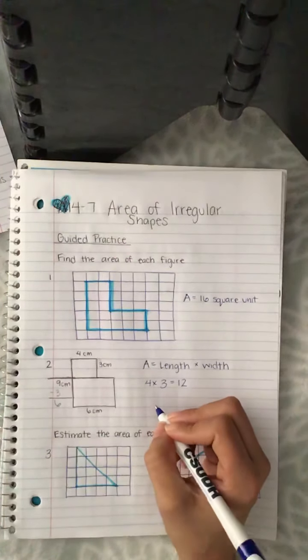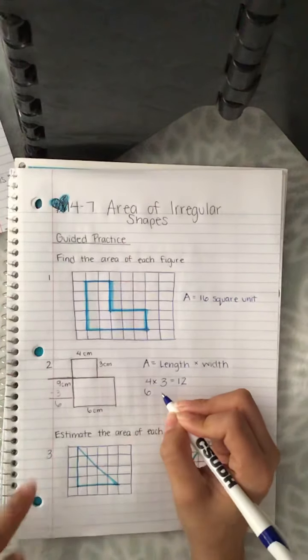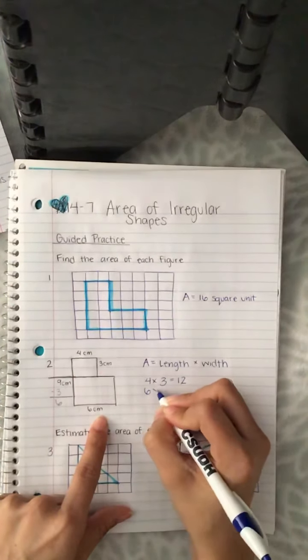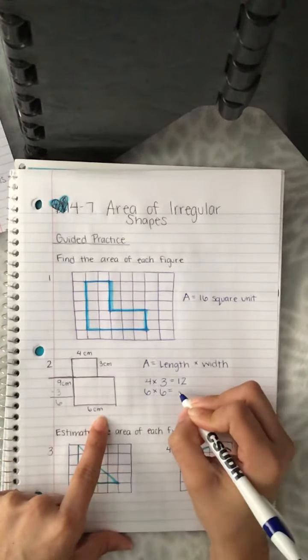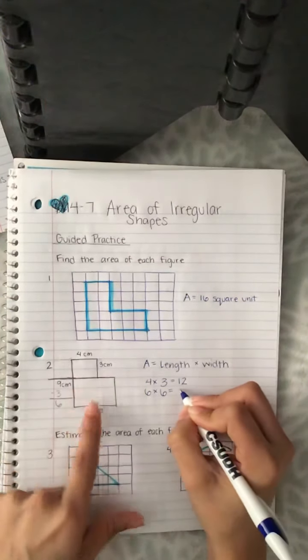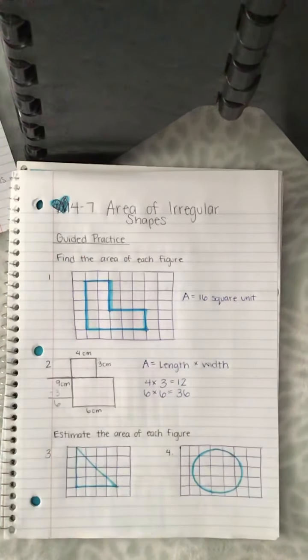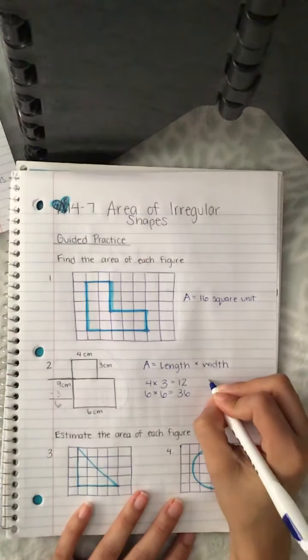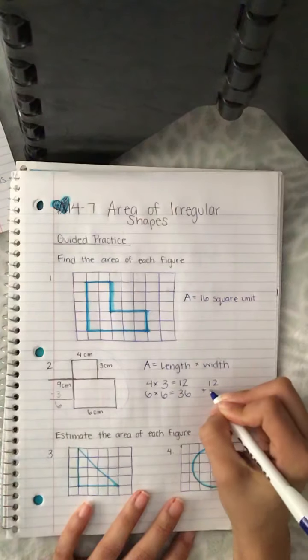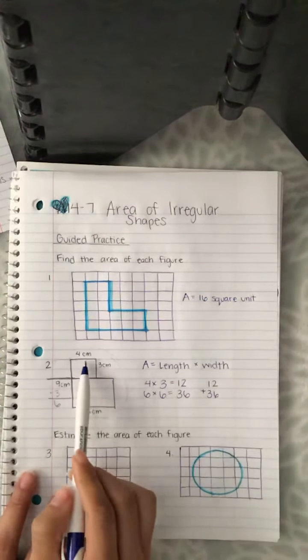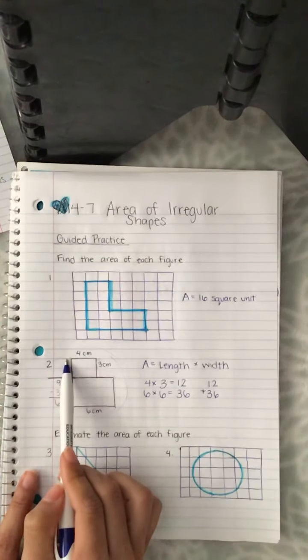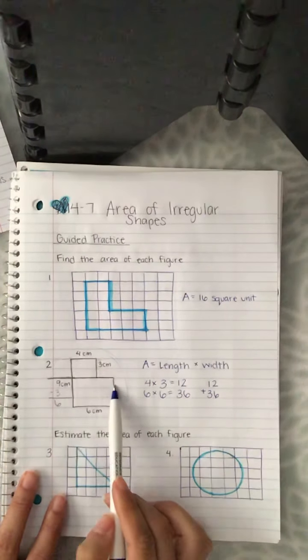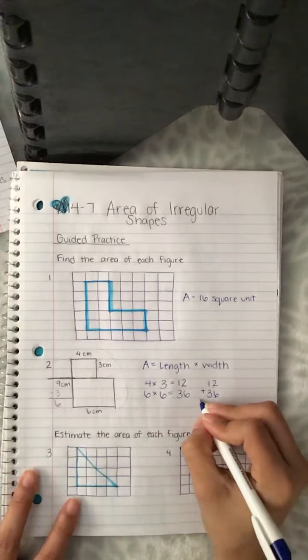So the same formula, we're going to do the 6 times 6, and our area of this shape would be 36. So to find the area of the whole shape together, we're going to add 12 plus 36, the area of this square, 12, plus the area of this square, 36.